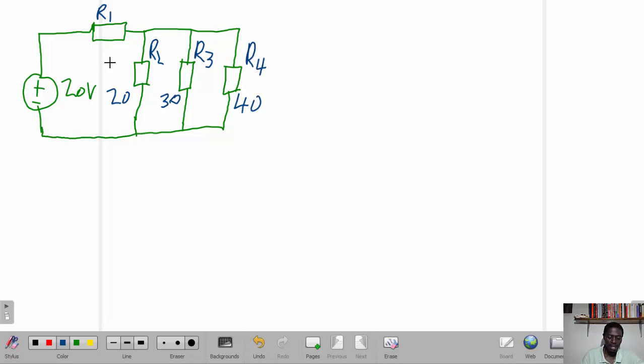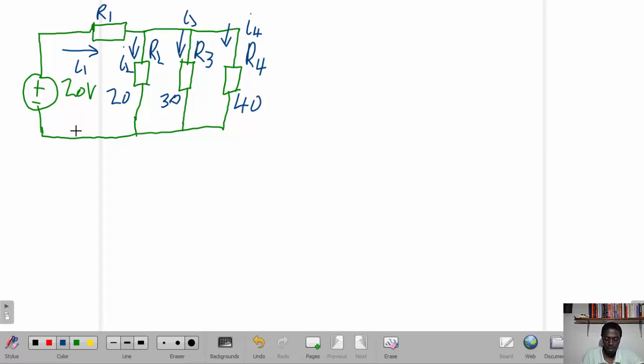We were asked to find the current flowing, which is I1, and then there's a current flowing there as I2, another as I3, and another flowing through there as I4. Now, the question says let's find the currents as well as the voltages across each resistor.